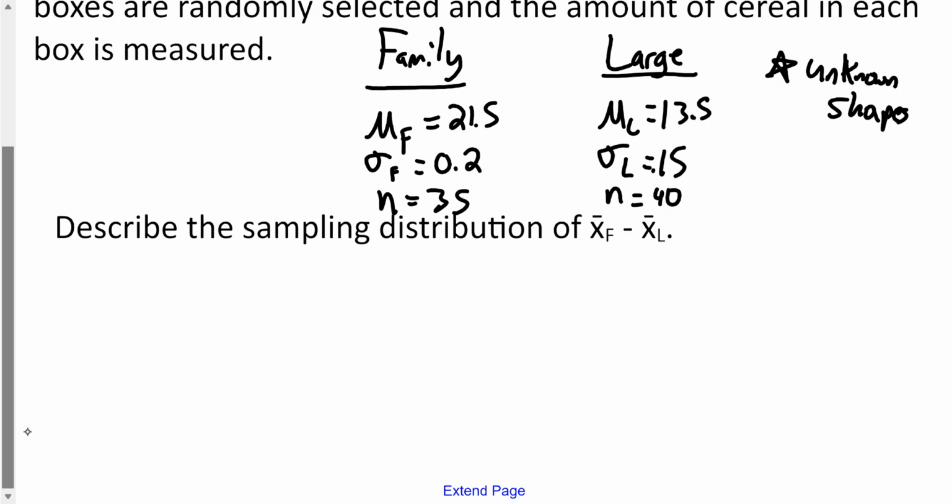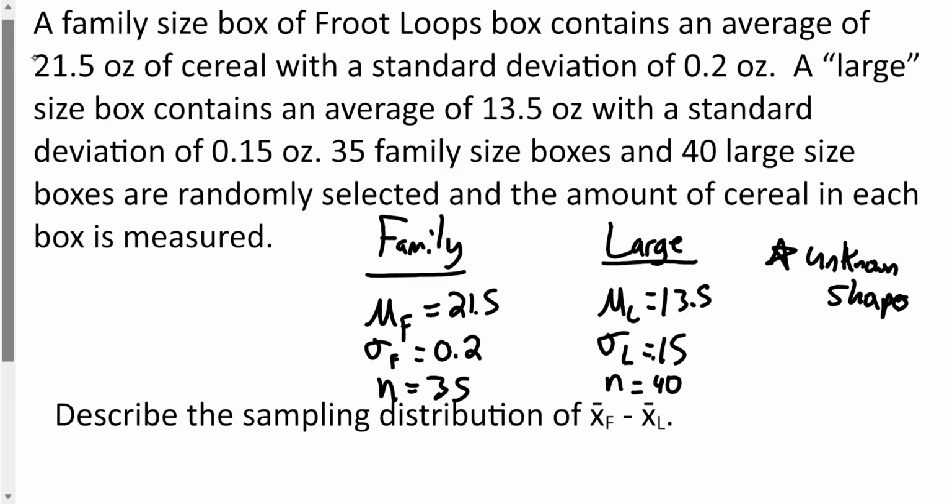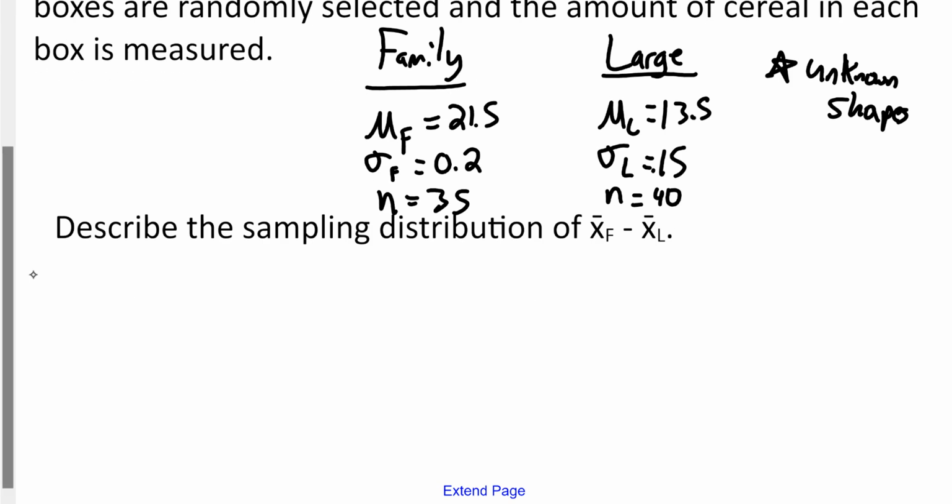If I'm describing that, I'd put some context to it, and I'd say the sampling distribution of the mean differences between family and large size cereal boxes is blank shaped with a mean of this and a standard deviation of this. I want to make sure we understand the three things we're looking for. It is SOCV without the outliers because it's not going to create any outliers. So we need the shape, the center, and the variability.